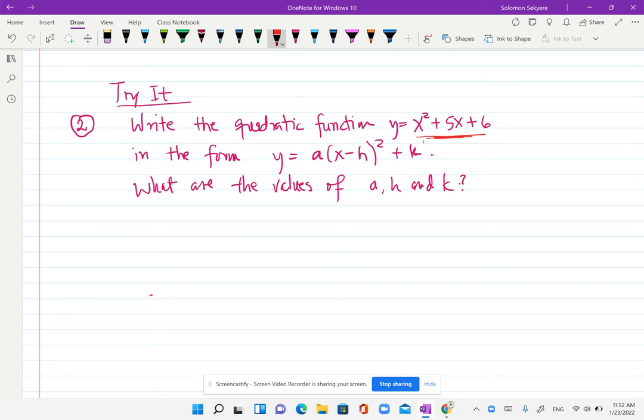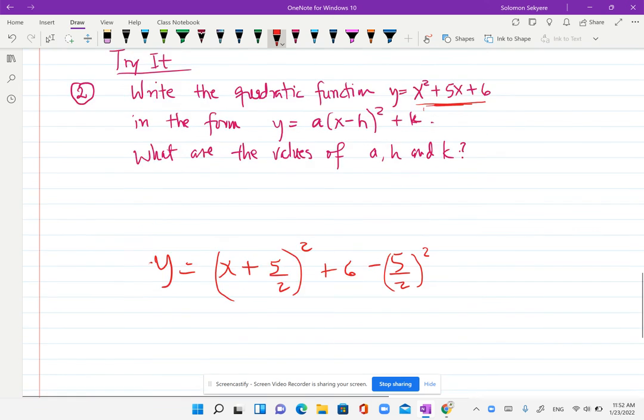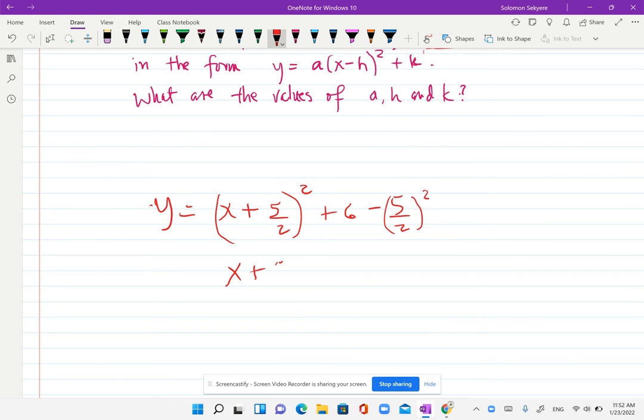So when you convert this, I can already tell it's going to be y equals x plus 5 over 2 all squared. Then I have to bring the plus 6, and then I have to subtract 5 over 2 all squared again. So it becomes x plus 5 over 2 all squared, plus 6 minus 25 over 4, which is 24 over 4 minus 25 over 4.